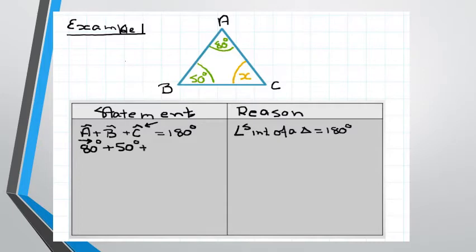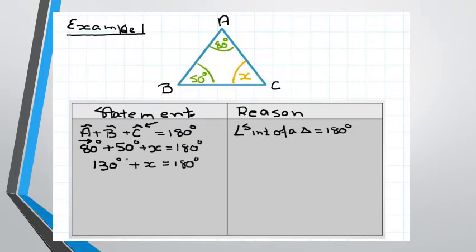Plus the one I would like to determine, the X, referring to angle C, must be equal to 180 degrees. So 80 plus 50 is going to give me 130 degrees, plus X equals 180 degrees.